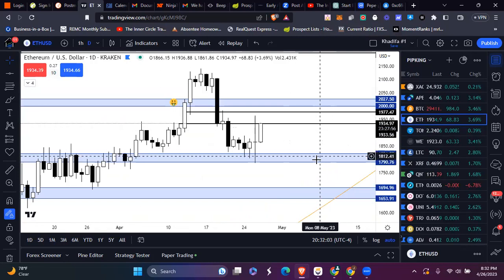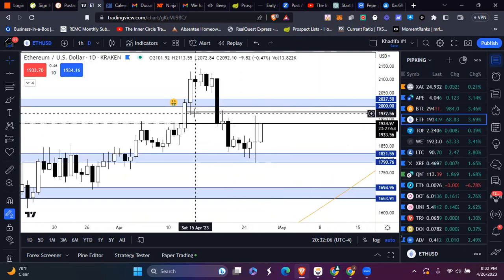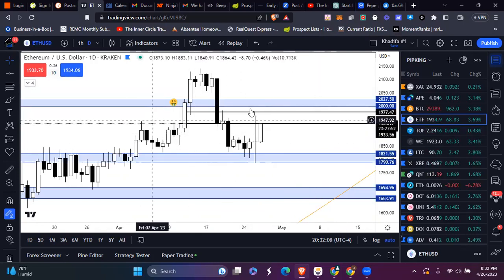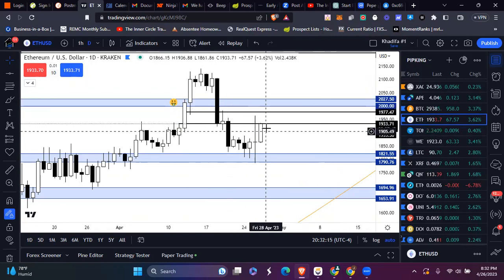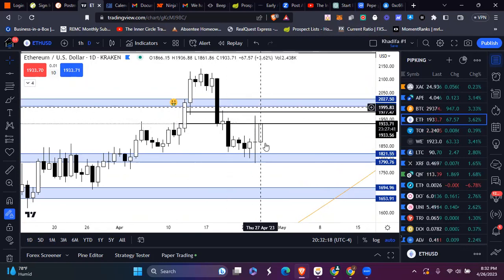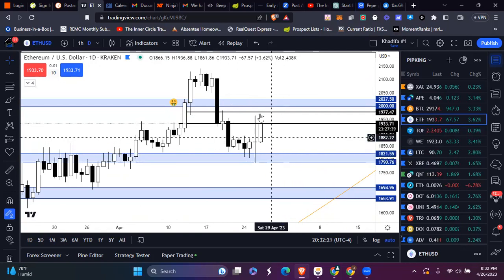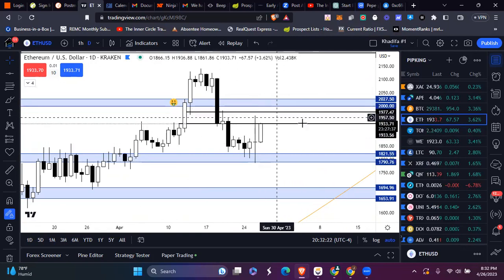All right, so looking at Ethereum, we're back up at the fair value gap that we broke back down through after we broke back down through 2000. So let's see if we can push back up above there, get back above 2000.